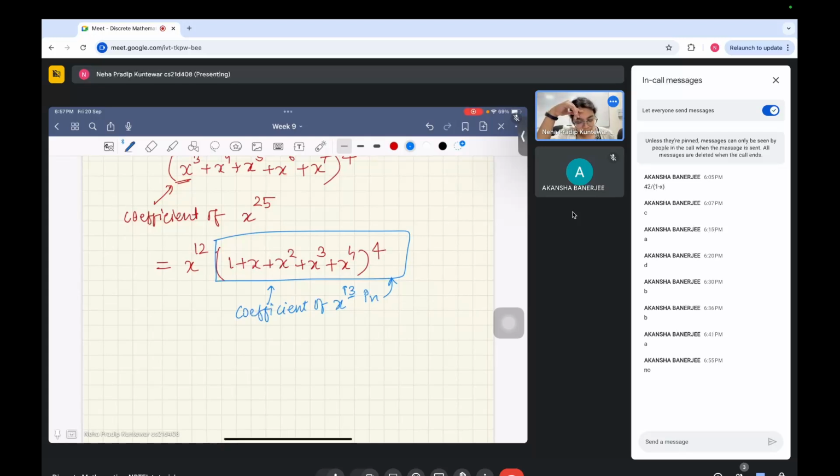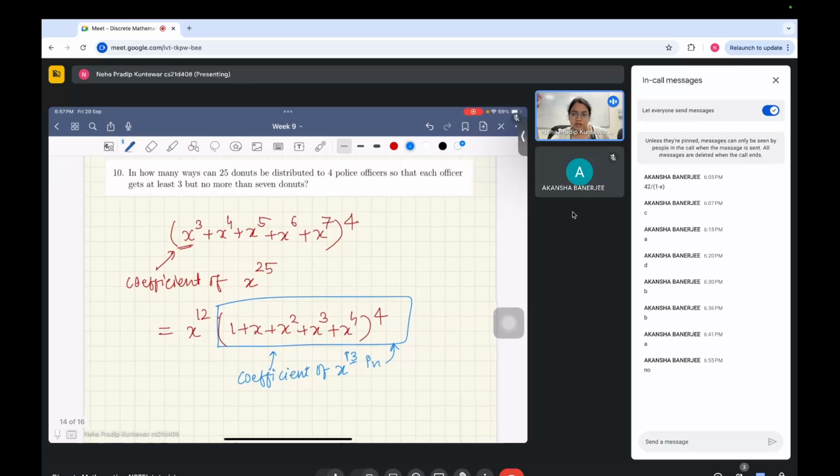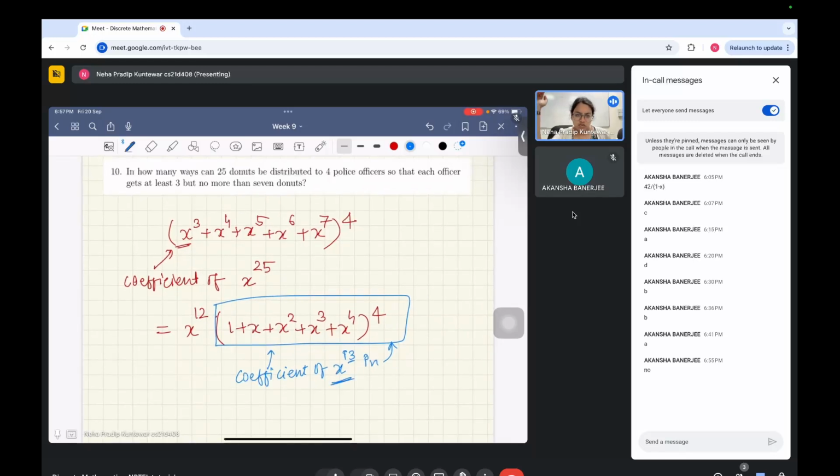Okay, I'll think about this. But the polynomial that you need is just this, and you are interested in the coefficient of this. So one way would be expand, but I'll think about it if there is any better method for finding the coefficient for this.